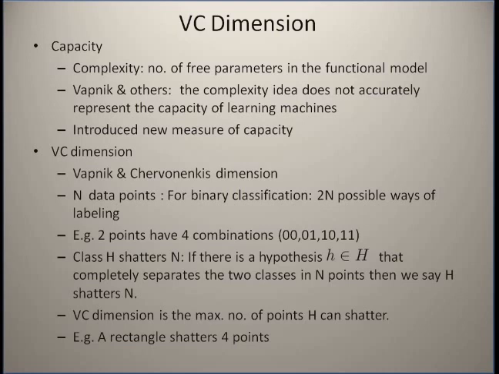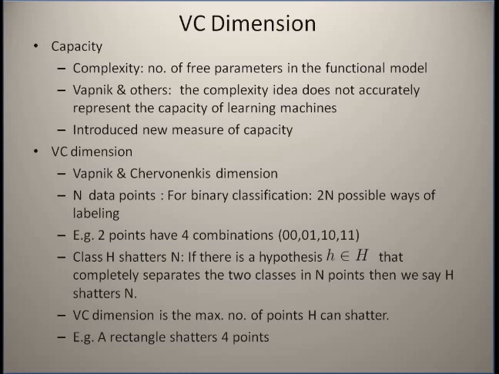But later, Vapnik and other researchers claimed that the notion of complexity defined in terms of the number of free parameters is not an appropriate approach, or is insufficient to explain the learning ability or generalization ability of a learning machine. So they introduced a new concept of capacity, that is measured by the so-called VC dimension.